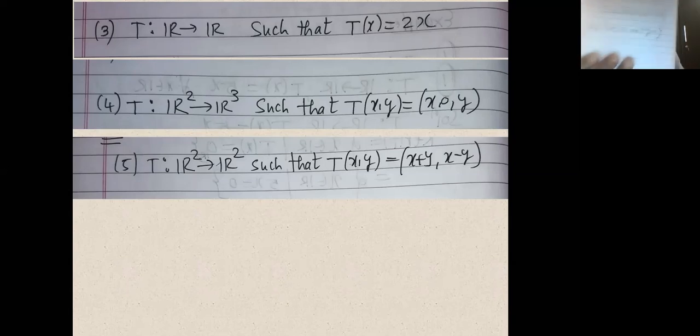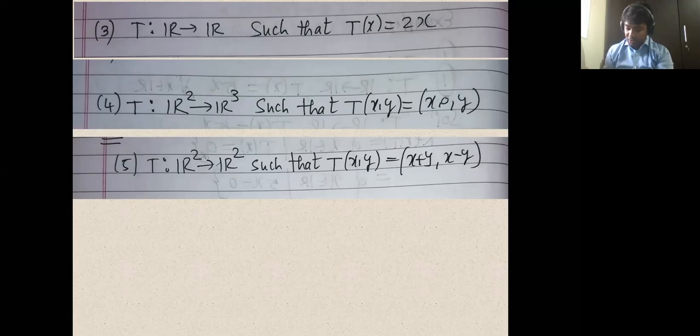If you equate these two, you will get two equations and two unknowns, a homogeneous system. Solving this system, you'll get the values of x and y.